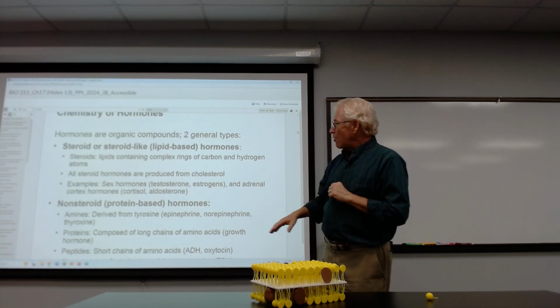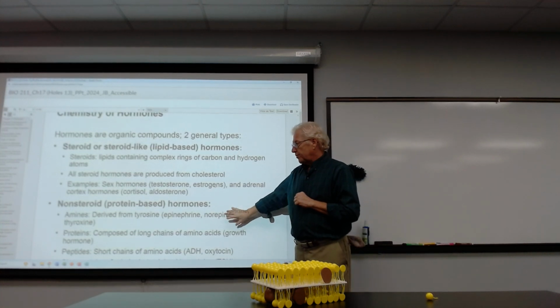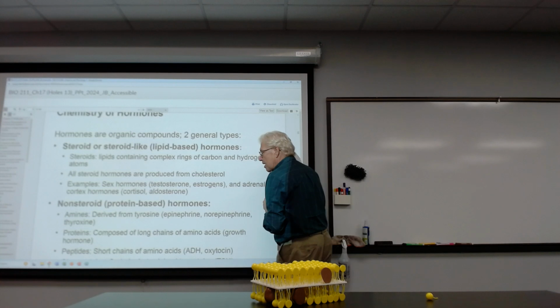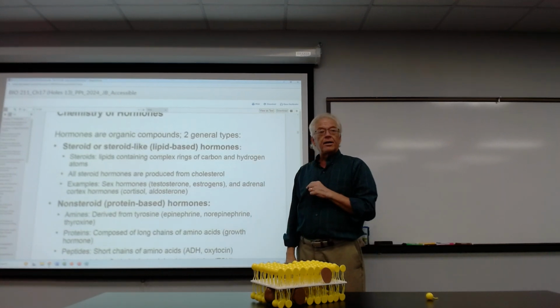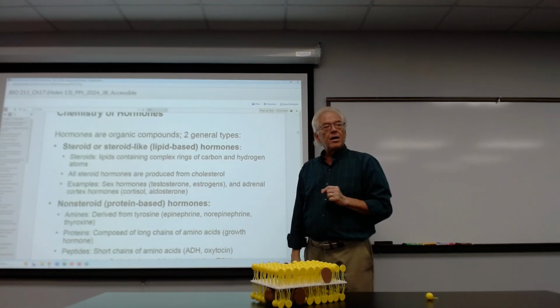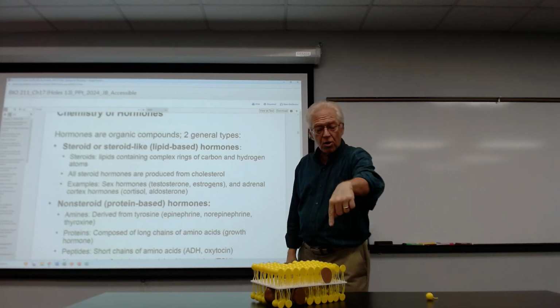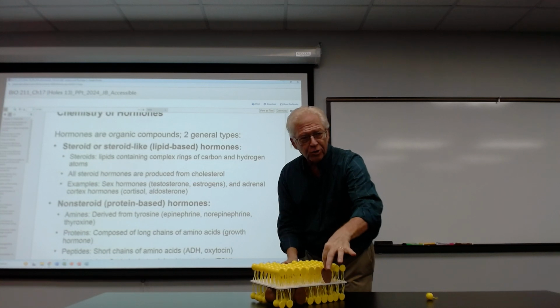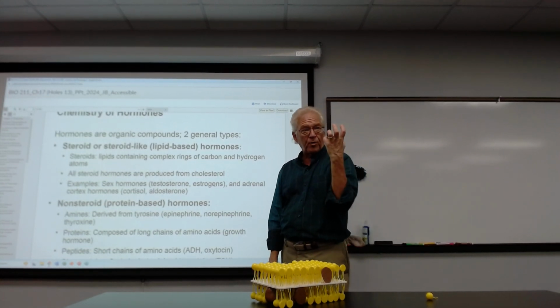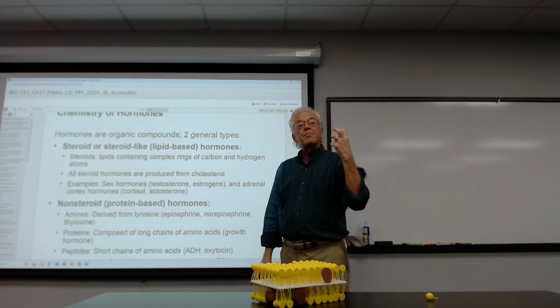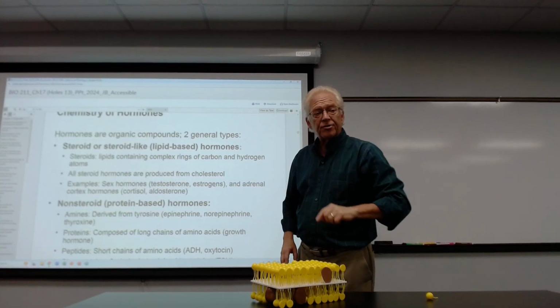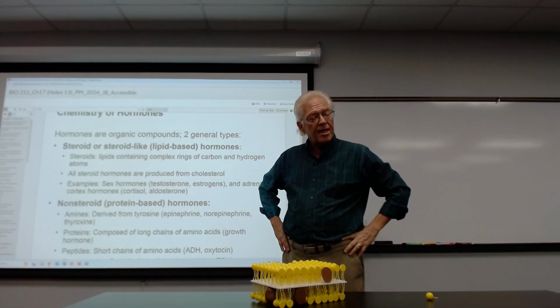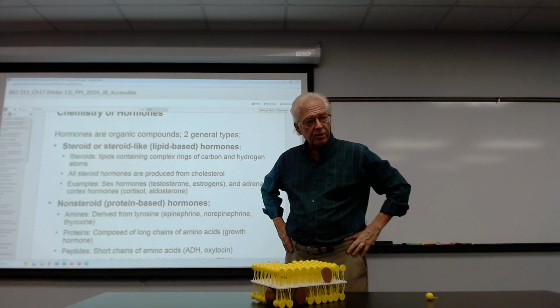How about our proteins? The ones that end in INE or just IN, like insulin, cannot go through the membrane, so they have to land on an external receptor, a protein on the outside with the correct shape. Because they can't enter, how are we going to get that message to the nucleus?